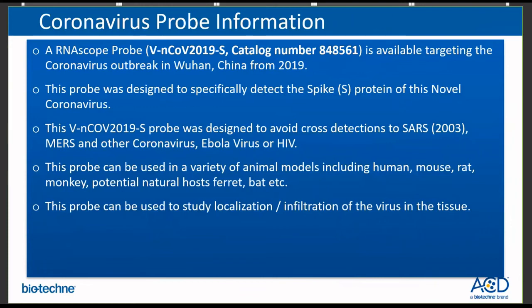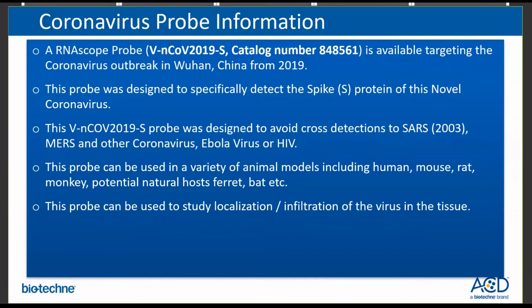So a little bit more information on the actual probe. It's the V-nCoV2019-S probe, and it targets the coronavirus that caused the outbreak in China in 2019. Now, this probe is specifically designed to detect the S protein on this novel coronavirus. And that's really where the specificity of our probe design comes in, where it prevents cross-detection of other species within that family, such as SARS from 2003, MERS, or even other viral species such as Ebola or HIV.